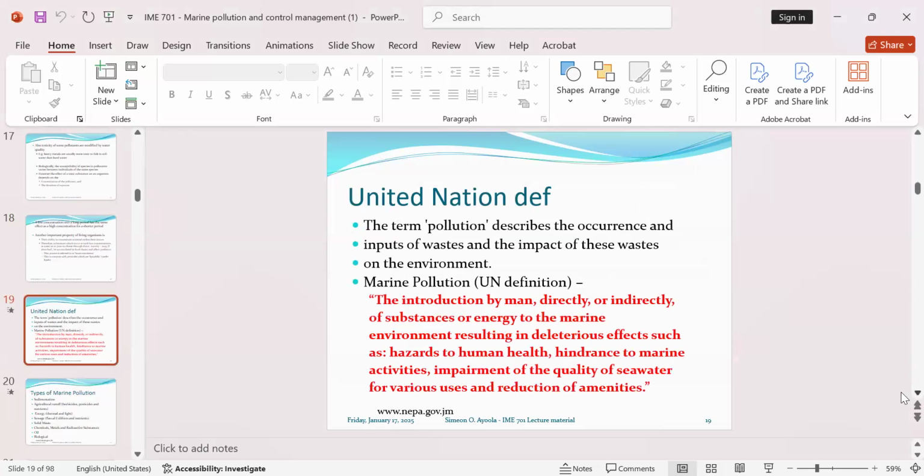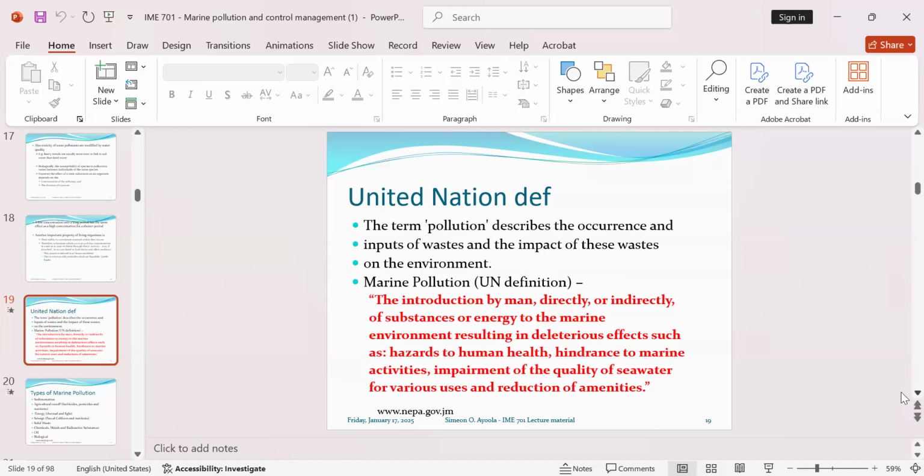Now, let's look at the United Nations definition of pollution, or rather of marine pollution. The term pollution describes the occurrence and input of wastes and the impact of this waste on the environment. So the UN definition of marine pollution is the introduction by man, directly or indirectly, of any substance or energy to the marine environment, resulting in deleterious effects such as hazard to human health, hindrance to marine activities, impairment of the quality of seawater for various uses, and reduction of amenities.